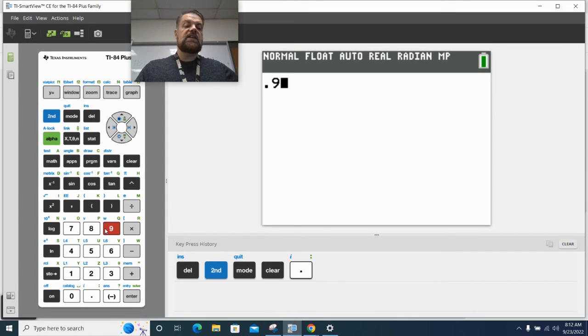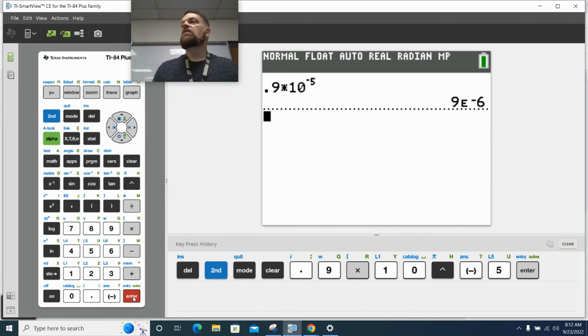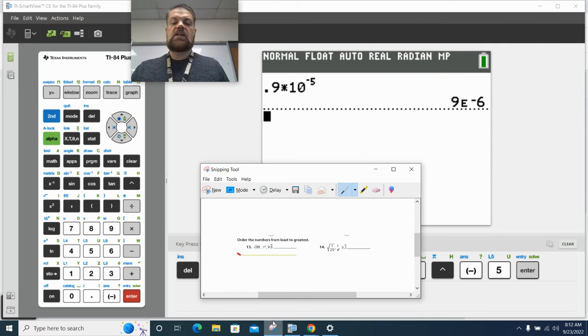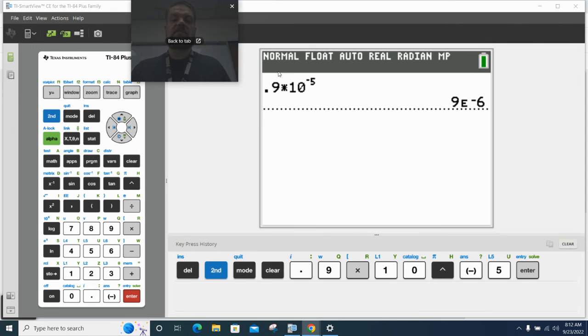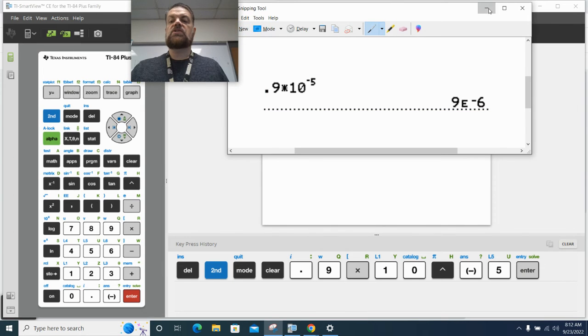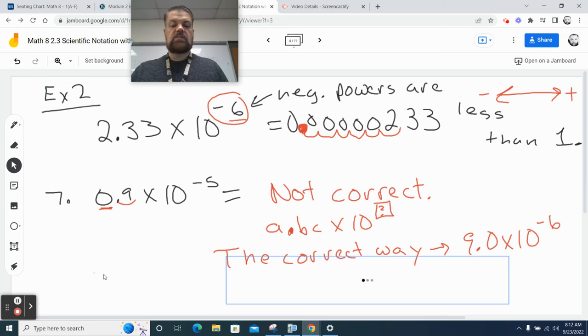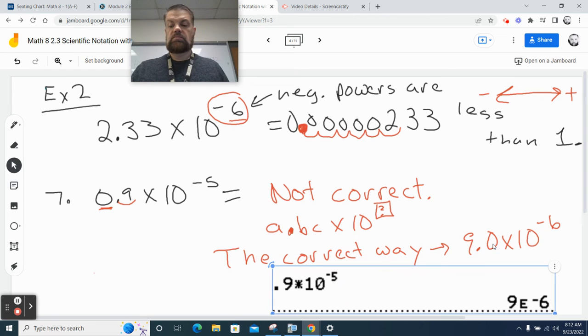So if I say 0.9 times 10 raised to the negative 5, it should convert it automatically to scientific notation, right? And remember that this e to the negative 6 is the same. That's how the calculator programs itself to do scientific notation.